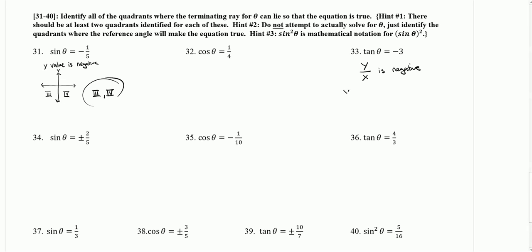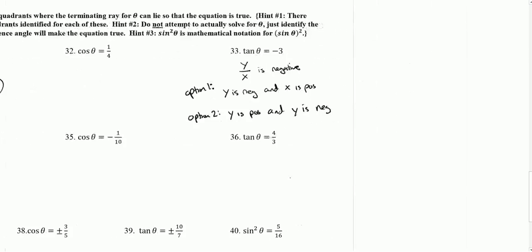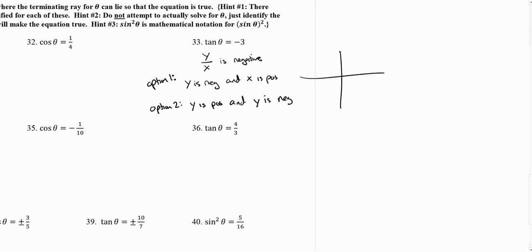We can have y as negative and x is positive. That's option number 1. And then option number 2 is that y is positive and x is negative.